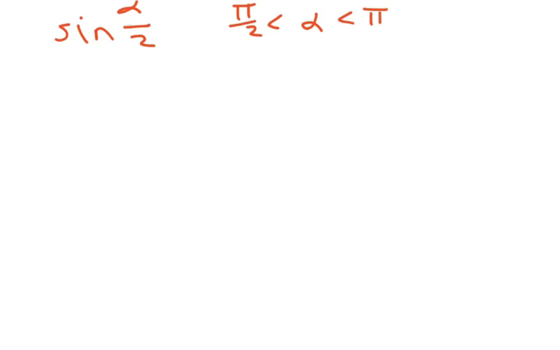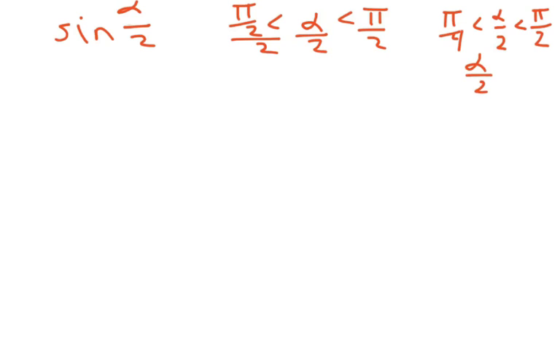So we need to know what alpha over 2 lives in. So I'm just dividing each piece by 2. And that would give us pi over 4. Alpha over 2 lives between 45 degrees and 90 degrees, which is in quadrant 1. So alpha over 2 belongs to quadrant 1.